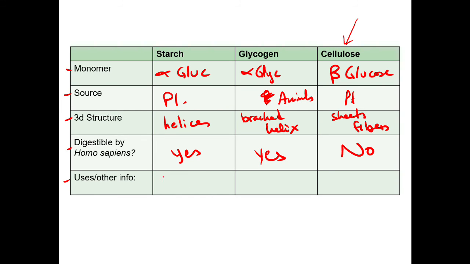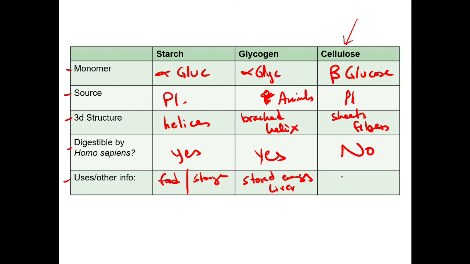Uses, so starch, it's in food, like flour, cornstarch, potatoes, all of that kind of stuff. Glycogen is stored energy in the liver or in muscles. Oh, and by the way, starch for plants also is energy storage, of course, but then we use it for food. We take advantage of that.